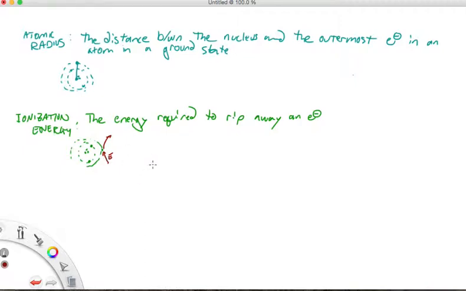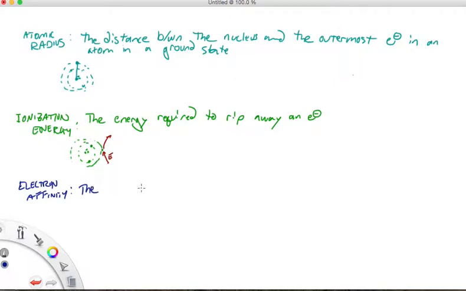Okay, so the last one fits in with ionization energy. It's called electron affinity. Electron affinity. And this is simply the attraction of an electron to an atom.